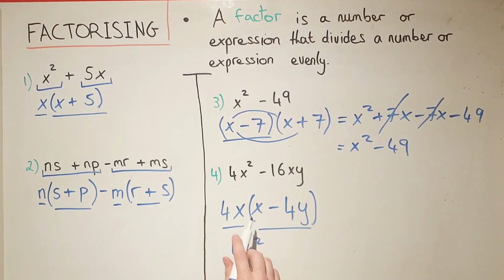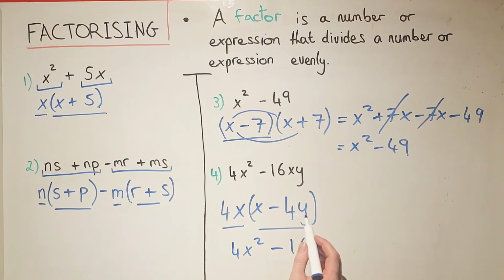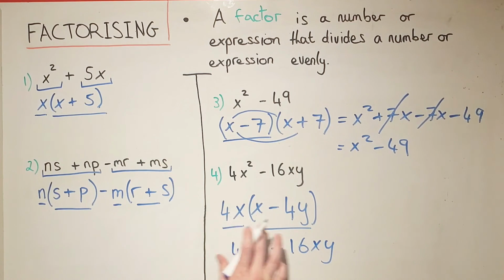And then 4x multiplied by negative 4y would give us minus 4 by 4 is 16, x by y is xy. So that brings us back to the original expression. So therefore, each factor we know would divide in evenly, as when in product with one another it gives us the original expression.